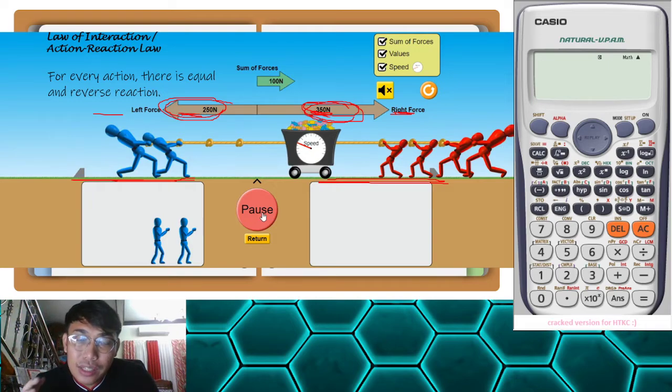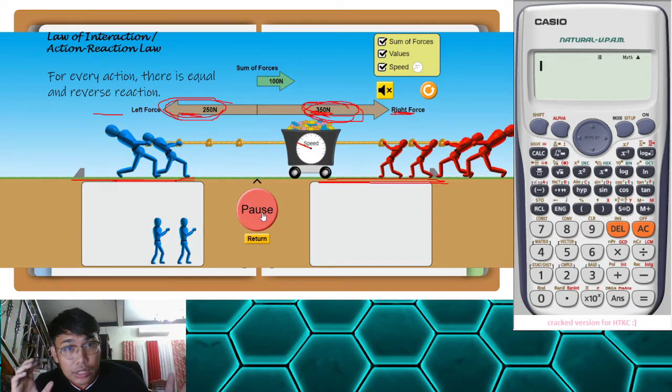So if this object moves, then we go to the first law and the second law of motion. Sir, why are we going to the first law and the second law of motion if the object moves? For the reason, guys, that if an object moves, there is an unbalanced force.